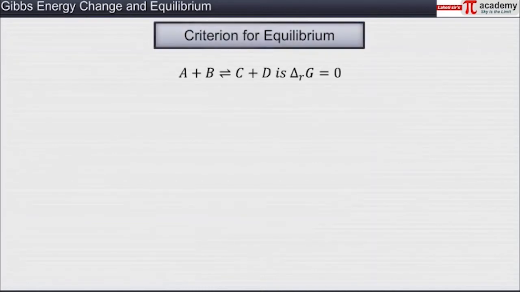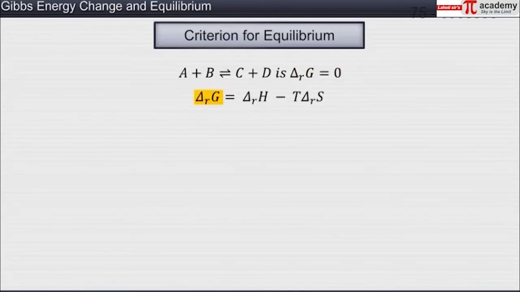Thus, the criterion for equilibrium, that is, when A plus B is in equilibrium with C plus D, implies that delta rG is equal to 0.